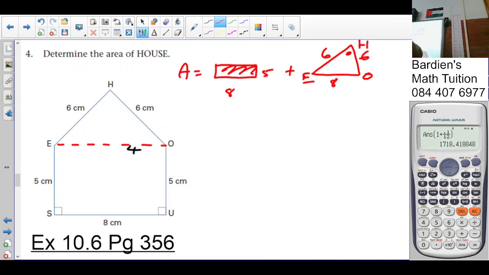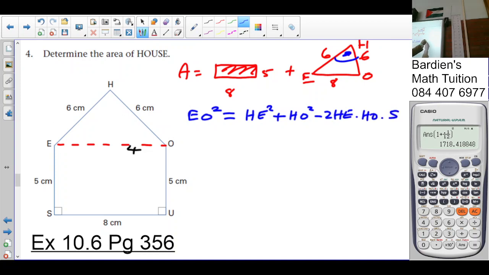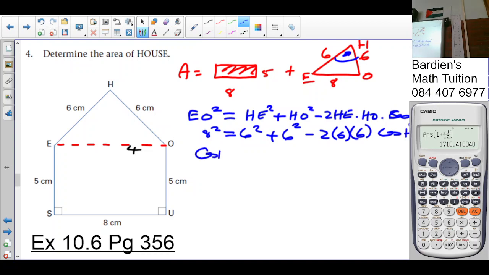In the pursuit of calculating angle H, EO squared is equal to HE squared plus HO squared minus 2 times HE times HO times cos of angle H. So 8 squared equals 6 squared plus 6 squared minus 2 times 6 times 6 times cos of angle H. So cos of angle H is equal to 6 squared plus 6 squared minus 8 squared, all over 2 times 6 times 6.